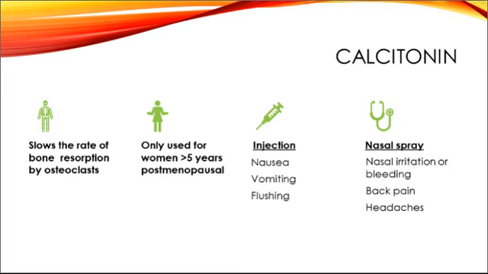It slows the rate of bone resorption from the osteoclast. Only used in women greater than 5 years postmenopausal. It works best for the woman with the greatest osteoporosis risk. It antagonizes the effects of the parathyroid hormone.